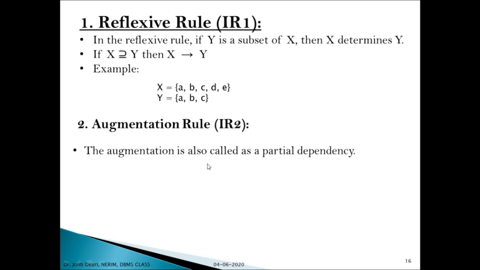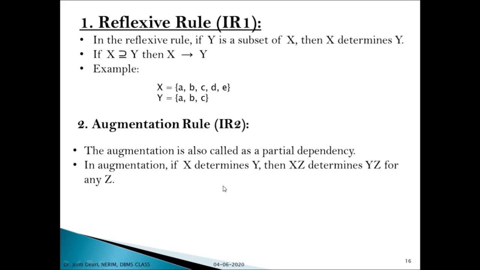The next rule is the augmentation rule. This is like partial dependency, you know, right? Say we have two attributes X and Y. If X determines Y, then if any other attribute Z is added on both sides, in that case also we can write XZ determines YZ, for any Z. Because Z is the same on both sides.